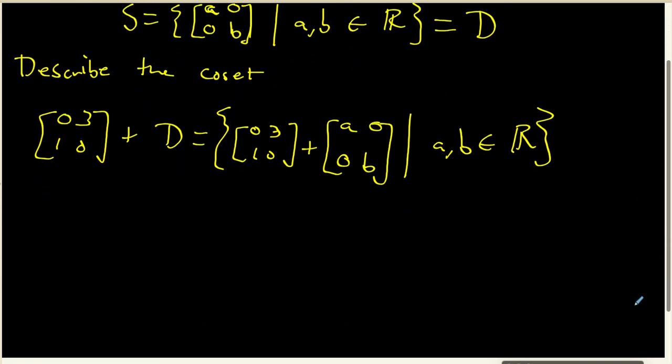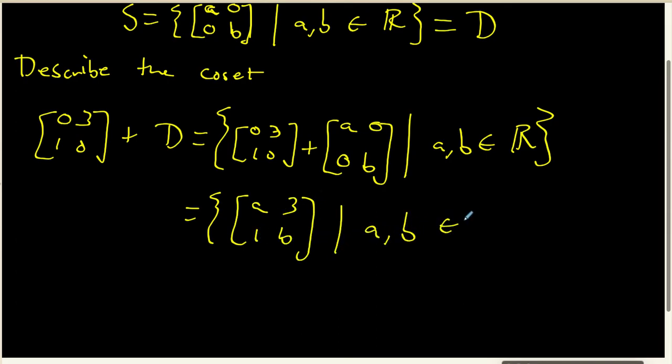Well, when we do that particular matrix addition, we find out that we're going to get A, 3, 1, B, where A and B are real numbers.